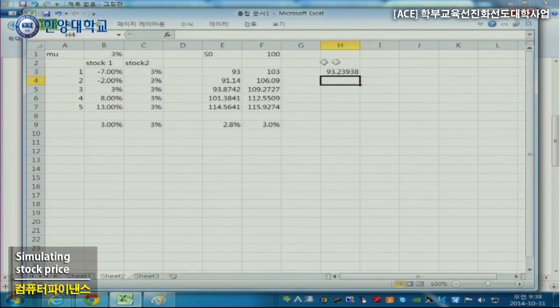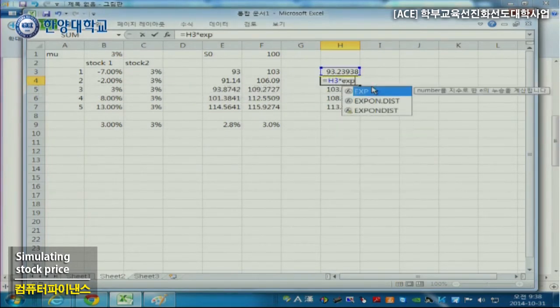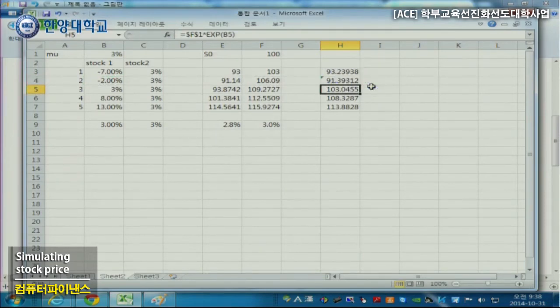Expected return of this one, and then like this. No, this one is then this one multiplied by expected return of this sum, if we think of everything in a continuous way.